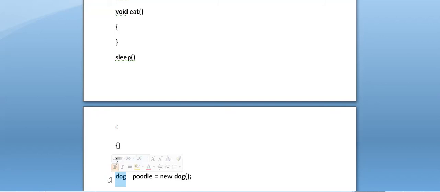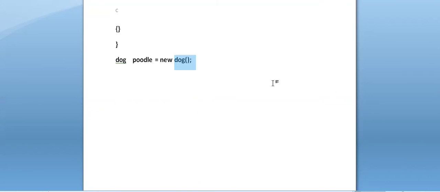Here this dog is the class, this poodle is the object of this class, means one of the categories of the dog. New is the operator for memory allocation to this object poodle, and dog is the constructor, means you have to use the class name and the constructor as same. So this is how we have created the object of the class dog.